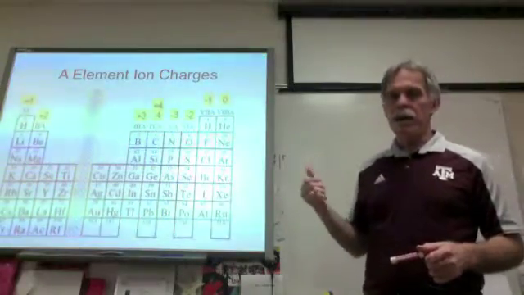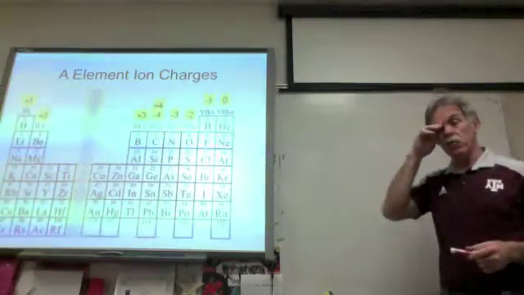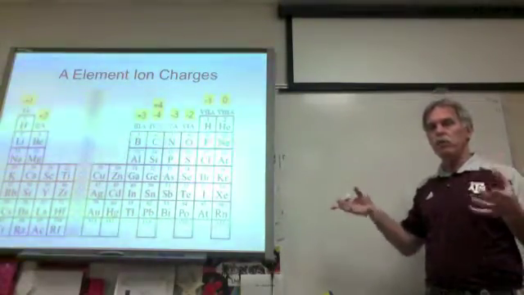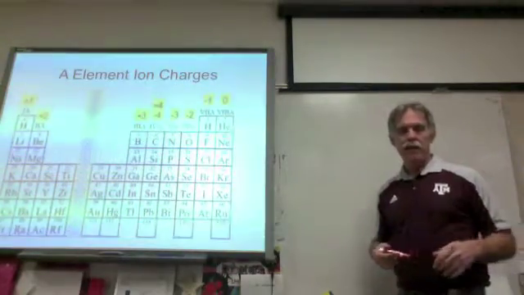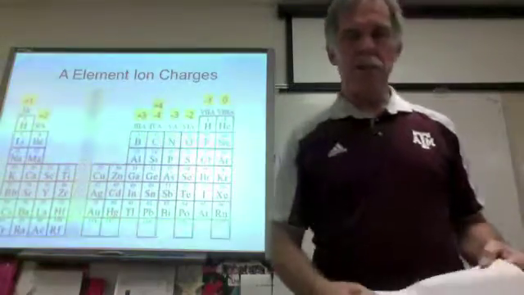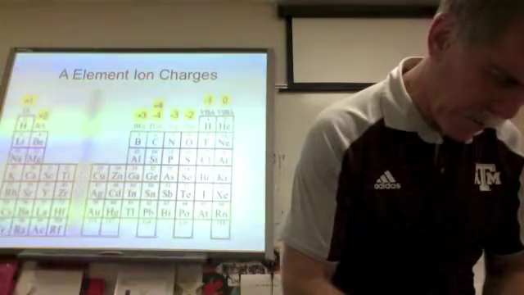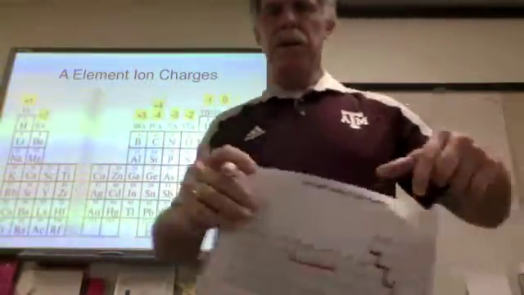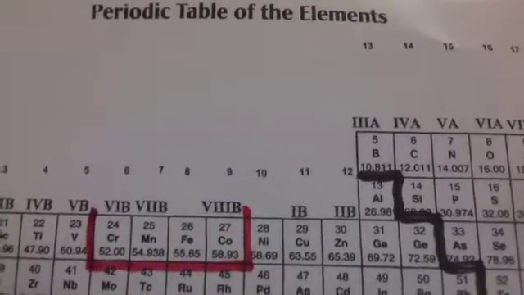If you look on landerson.net and look up monatomic ions with more than one charge, those are the ones that have more than one charge: copper, mercury, lead, tin, and then the block, which is on the periodic table, and I will surround that block so you can see it. So these 4 are the block, and you can see that those 4 are all plus 2 and plus 3.